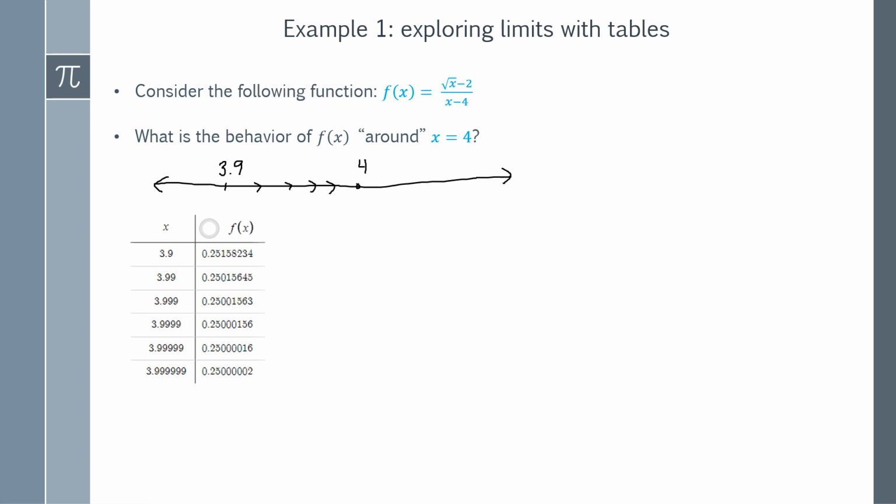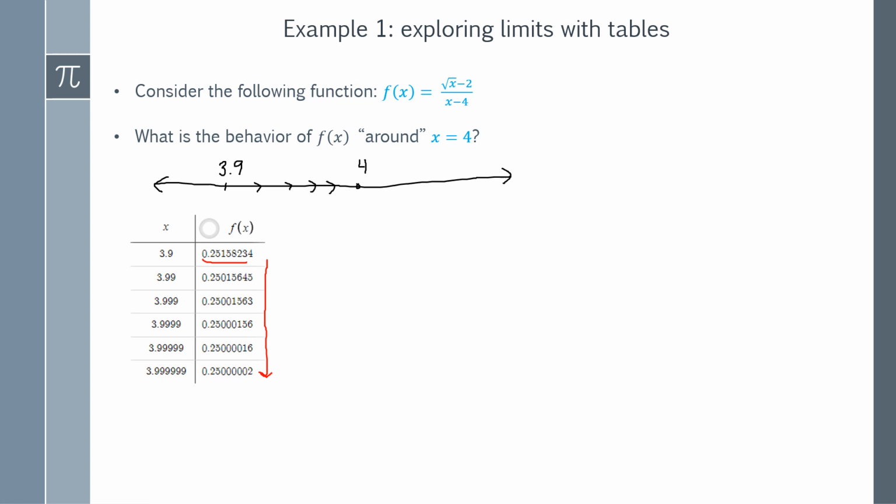Now what happens to our function? Well, we start with this value right here, 0.2515823. Okay, and then this is slowly but surely approaching what it looks like a quarter, right? So 0.25.